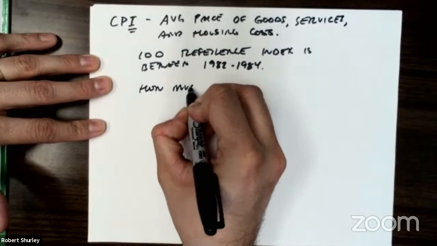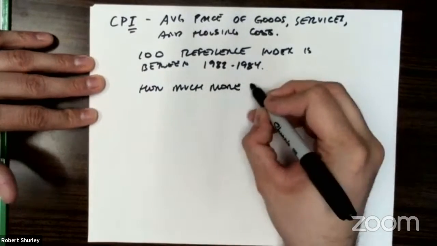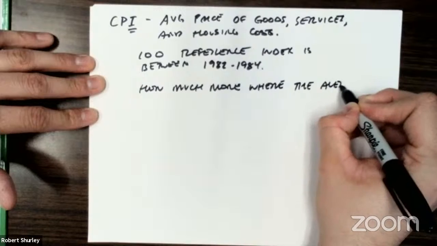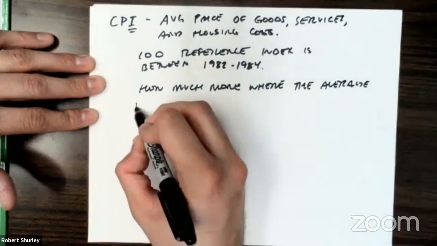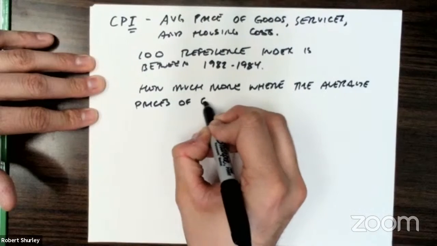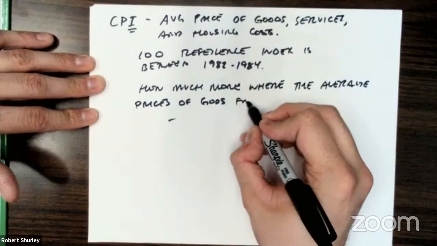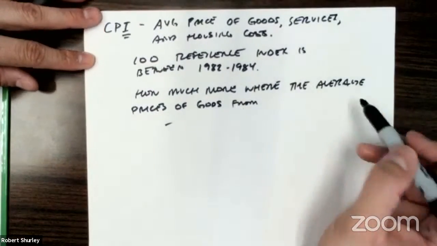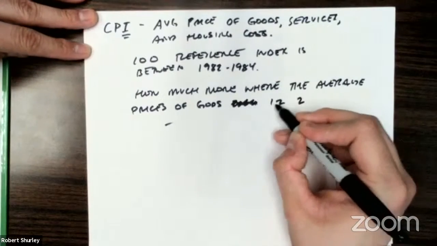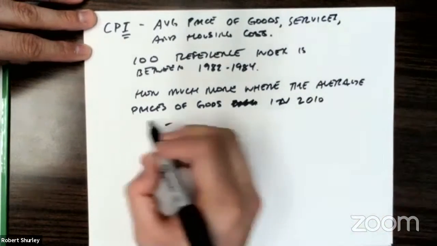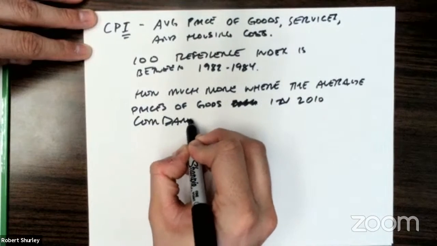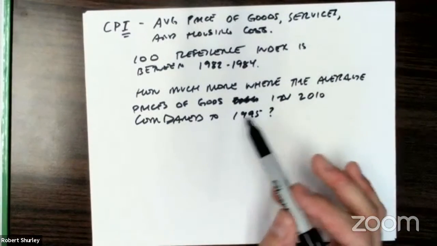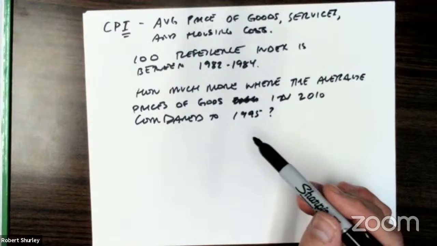How much more were the average prices of goods and services, I'll just say goods, in 2010 compared to 1995. And what's nice about the CPI is you can just choose those straight from the CPI value.